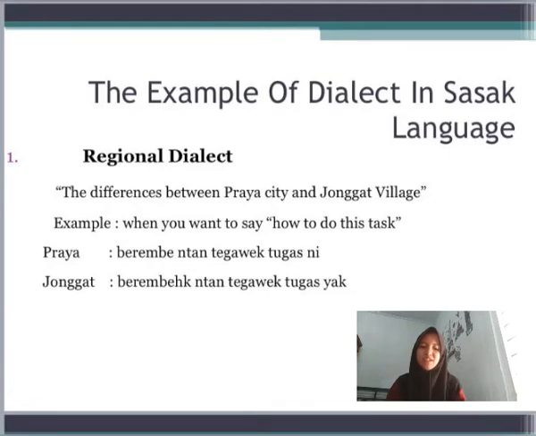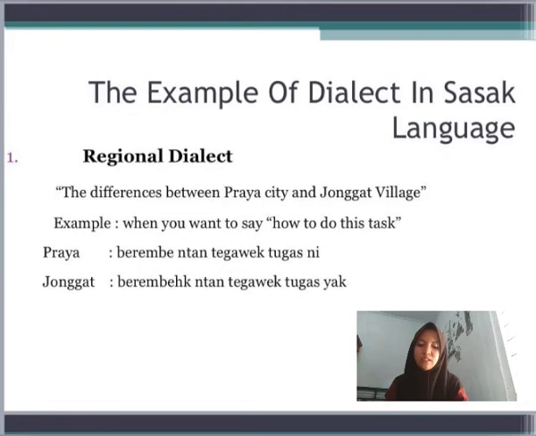Okay, let's see the difference between Praya and Jonggat. You can see the word here. The Praya said ni, and then the Jonggat said ya, but they have a similar meaning. The meaning is ini. And then you can see the word for how: the Praya said berembeh and the Jonggat said berembeh.